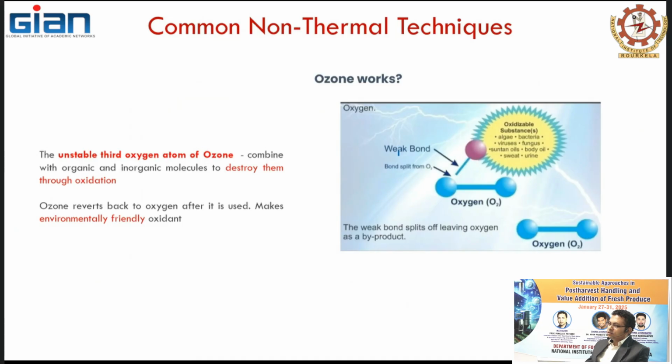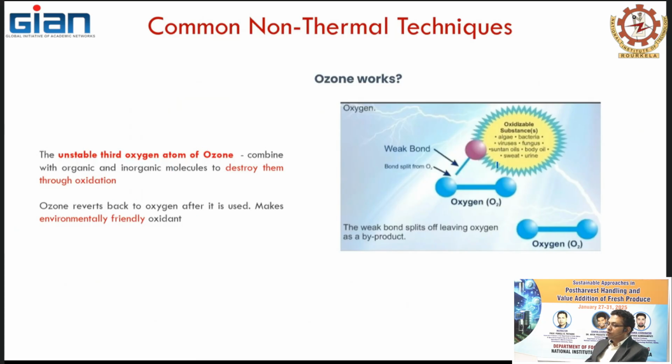So that unstable, that broken single O tries to connect here with this one, but it's always weaker. That's why we say here the unstable third oxygen atom of ozone, which is unstable, and that is what helps here to decontaminate or go for the processing side.